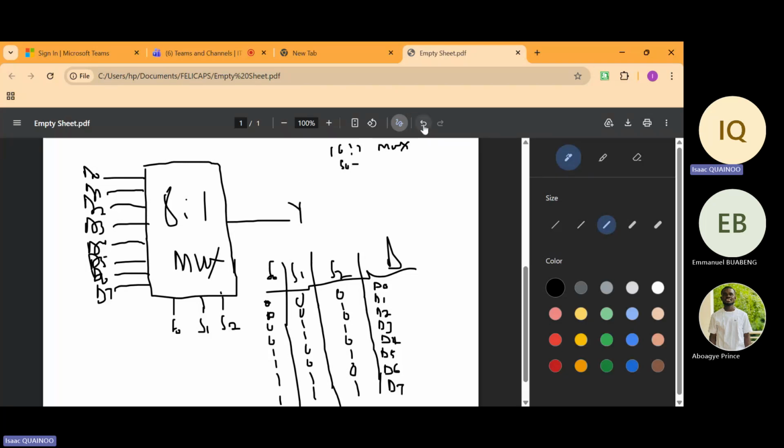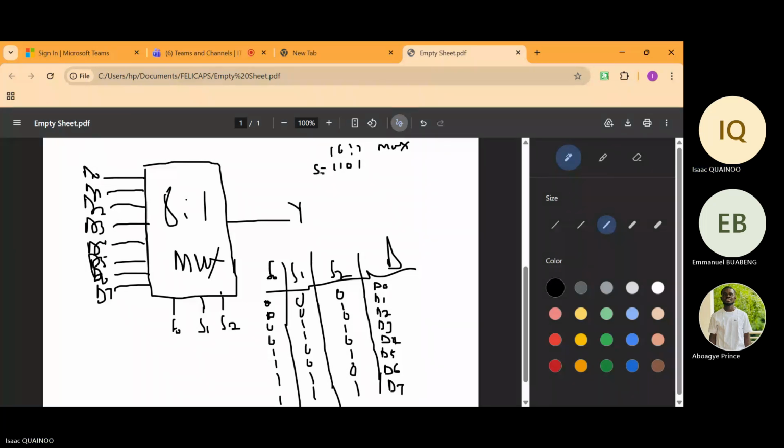Let me give the values straight away. So we have, let's say, 1, 1, 0, 1. Okay, so these are S values.